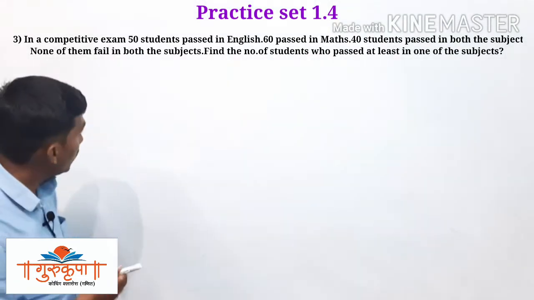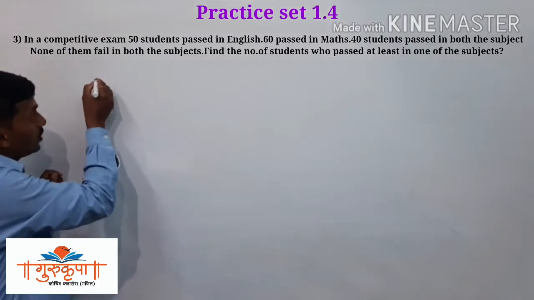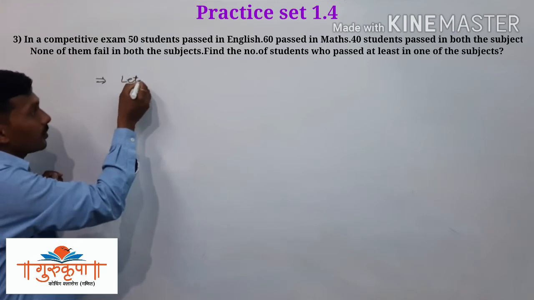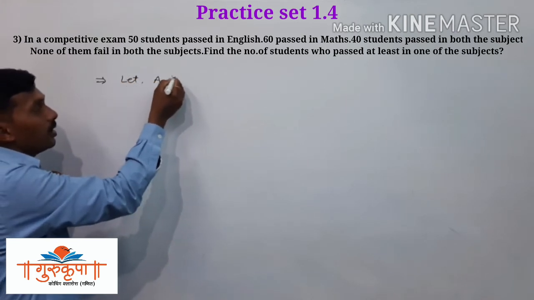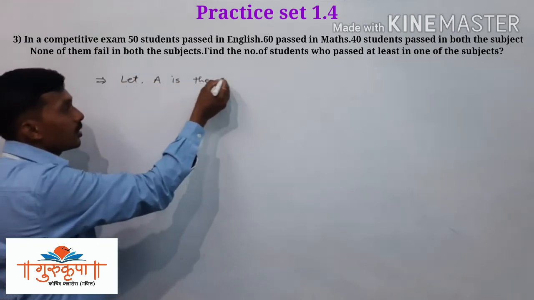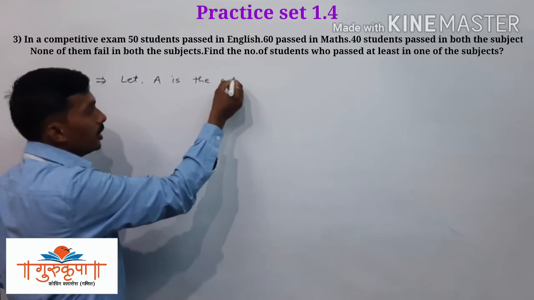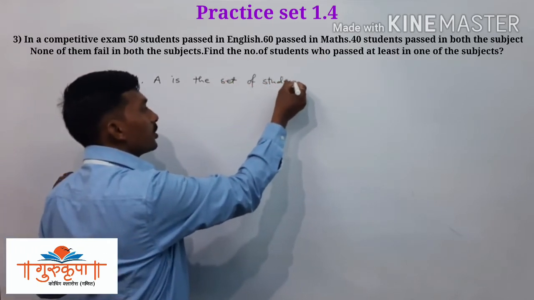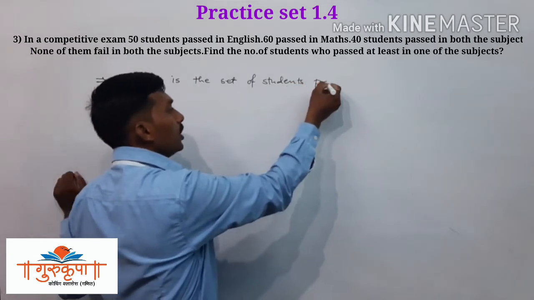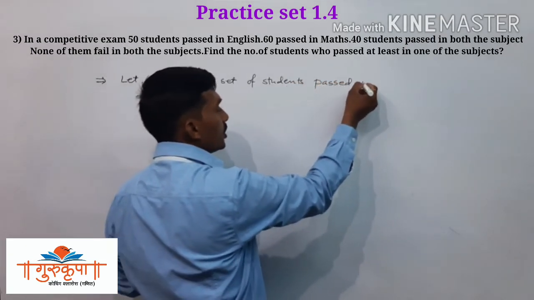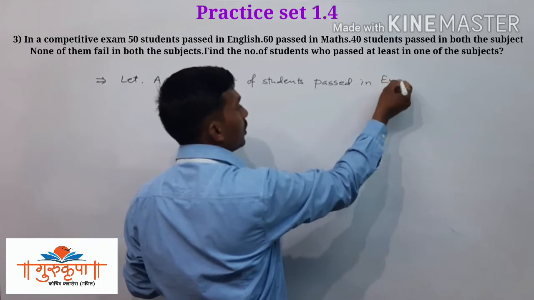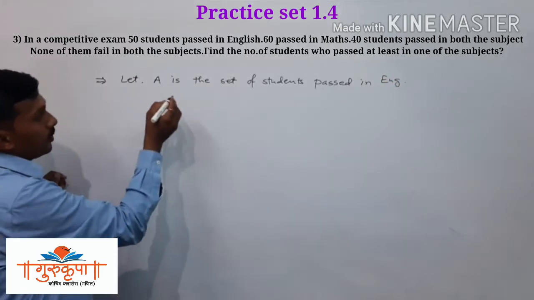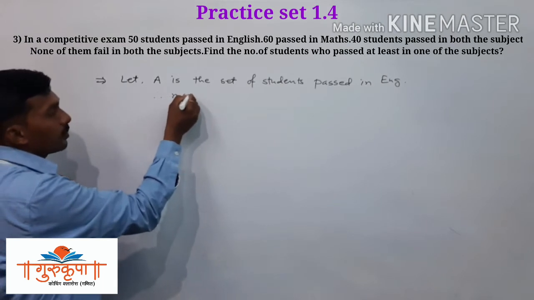So here we will consider that let A be the set of students passed in English. So we have number of A is equal to 50.